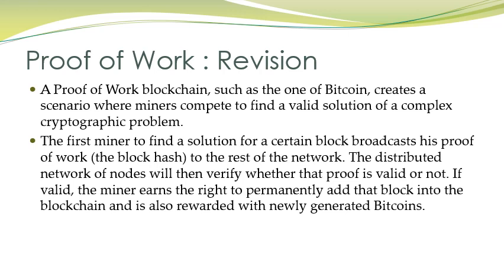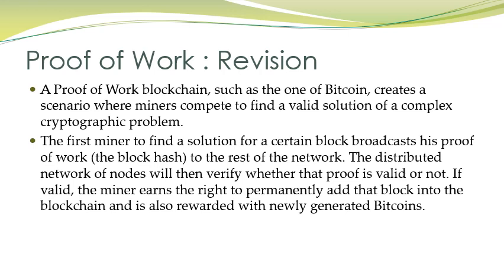In previous sessions we have studied proof of work, so we will take a revision of it. Proof of work is one of the consensus algorithms where miners compete to find a valid solution for a complex mathematical puzzle or cryptographic problem. The miner who solves this puzzle first gets the chance to propose a block.